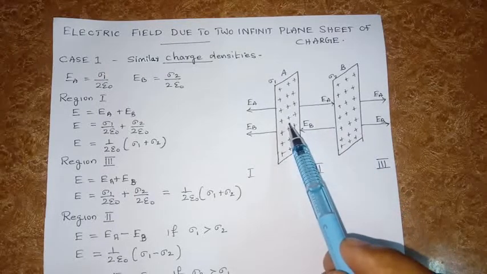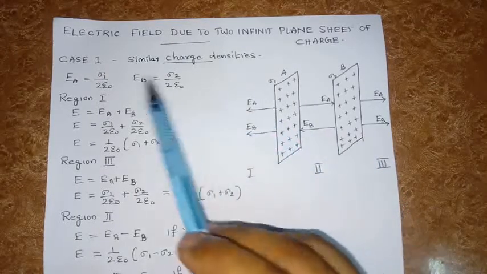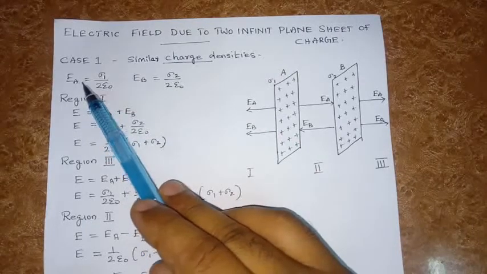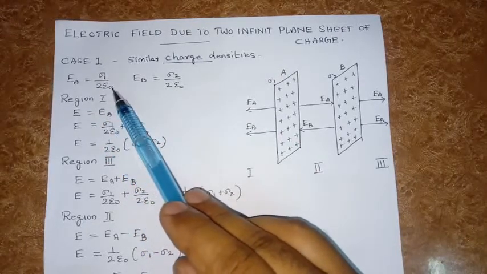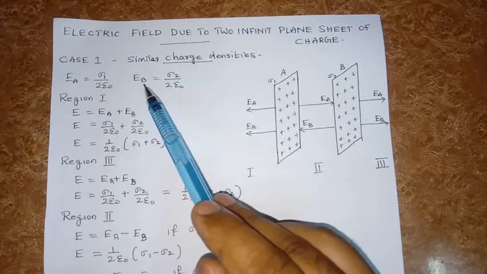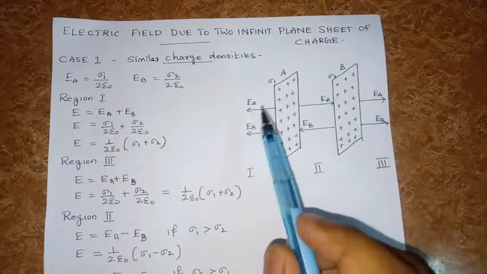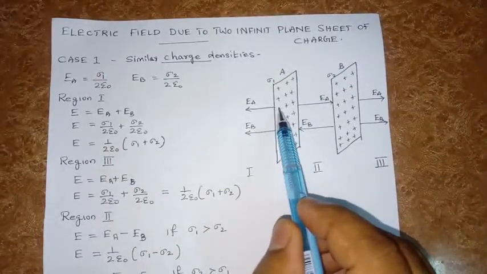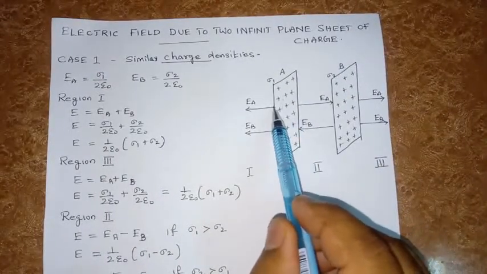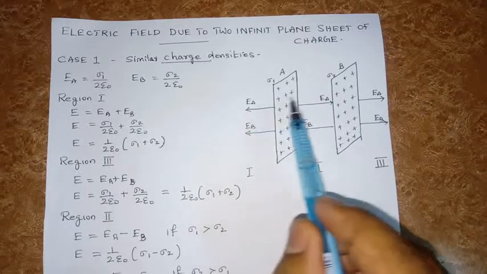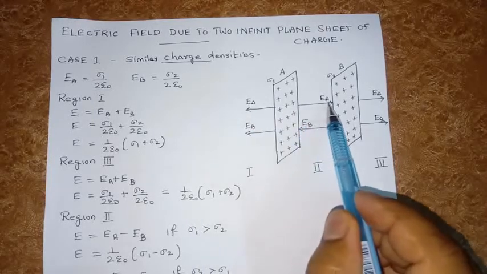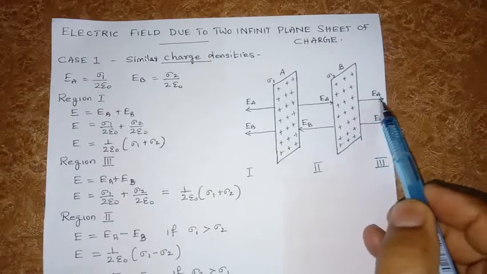So the electric field created due to the first sheet is given by EA is equal to sigma 1 by 2 epsilon 0. Similarly, the electric field created due to the second sheet is given by EB is equal to sigma 2 by 2 epsilon 0. The direction of the electric field due to the first sheet in this region is like this, in this region 2 is like this, and in this region 3 is like this.